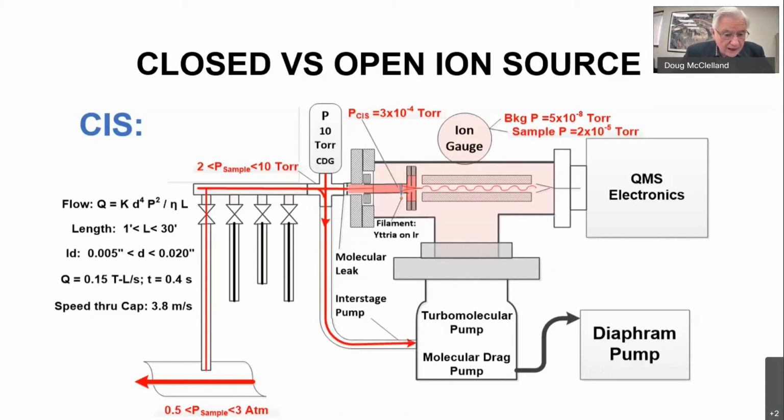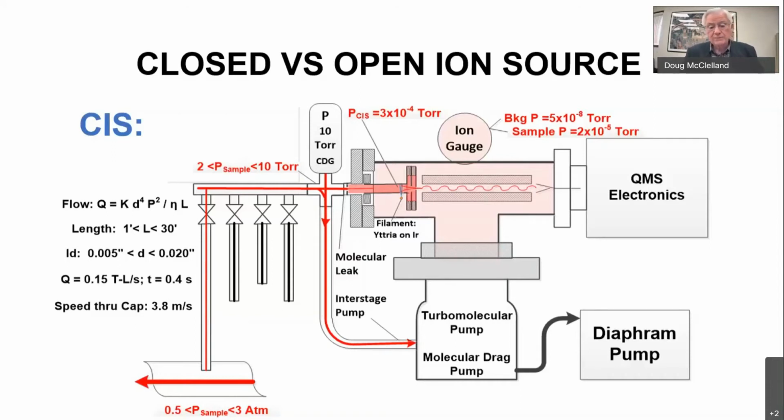So the variables we have are the ID of the capillary and the length of it. And these are designed to, first of all, connect to the process and bring it to the mass spectrometer at some central location. But the other part of it is to make sure that we get the flow design such that you don't overload the pump.